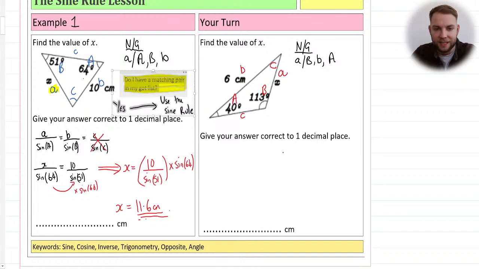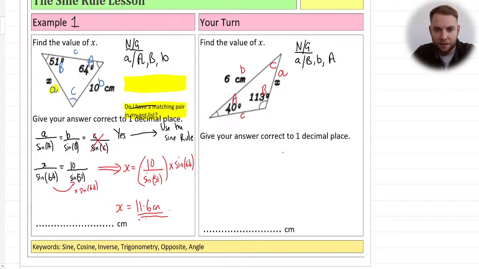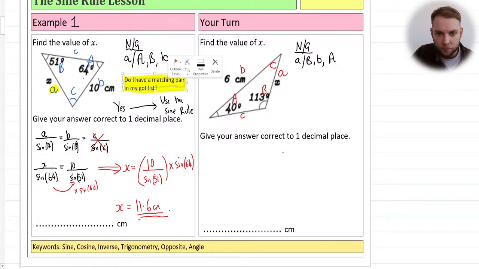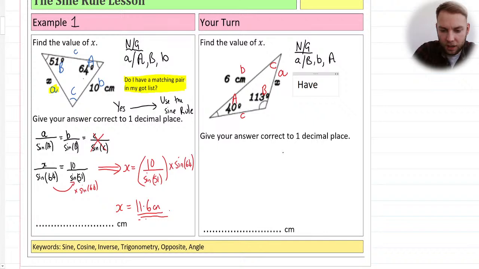If the answer to that is yes, I'm going to write it out again.